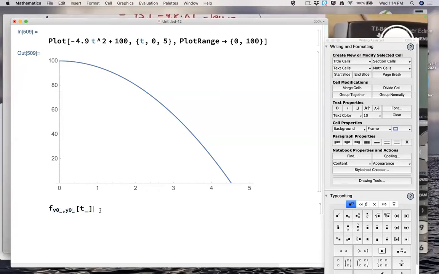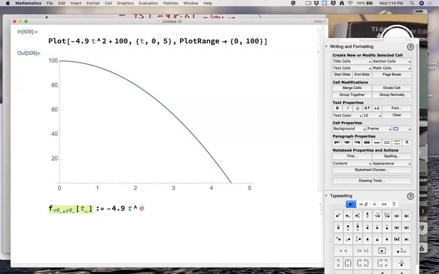Now I'm going to type a formula. I'm going to type colon equals. This formula works in the Earth's gravitational field near the surface of the Earth for the height of an object under the influence of gravity when you ignore air resistance. It does start out the same as our other function, negative 4.9 t squared.